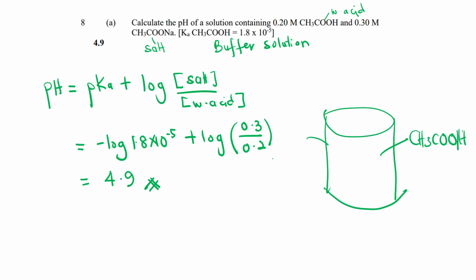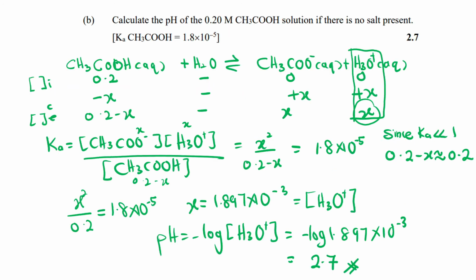Garam itu mesti daripada acetic acid, iaitu garam CH3COONa, where dekat dalam buffer solution dia akan dissociate dan menghasilkan ion CH3COO-. Okay, kerana kita ada garam sodium acetate. For this one, the pH is 2.7. Kenapa 2.7? Because there is no salt present di sini. So that's all for question number 8B.